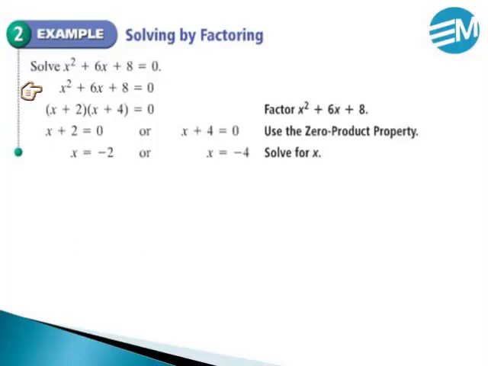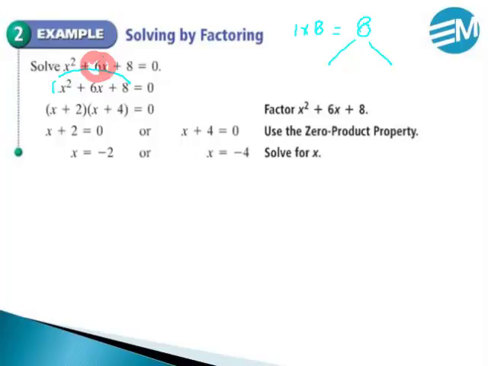Remember we learned how we can factorize the quadratic equation using the split method. Let me help you recall. We multiply the coefficient of x squared with the constant, which gives us 1 multiplied by 8 is 8.